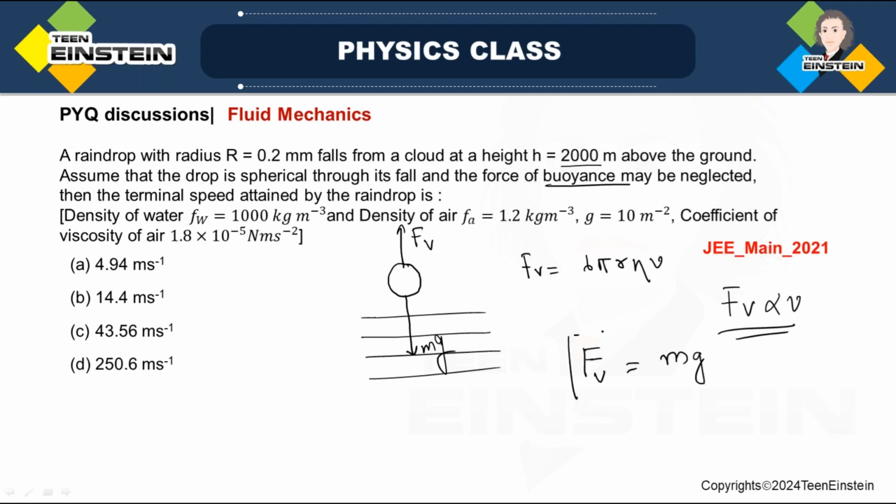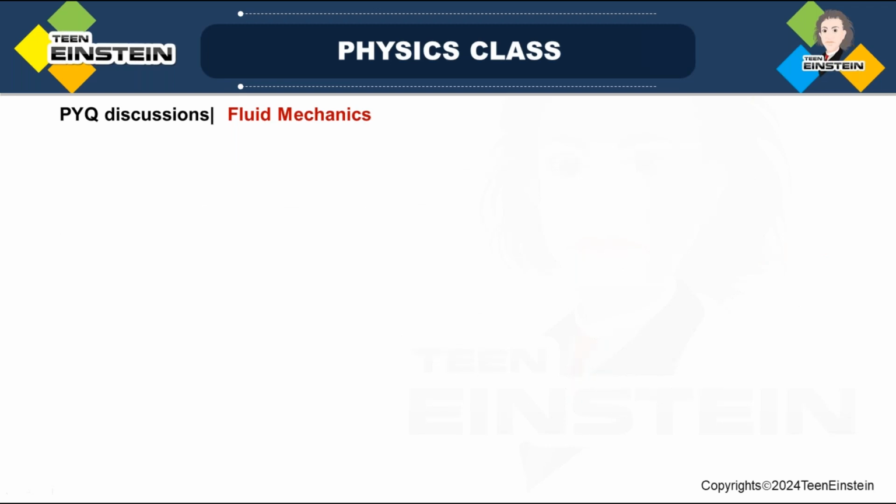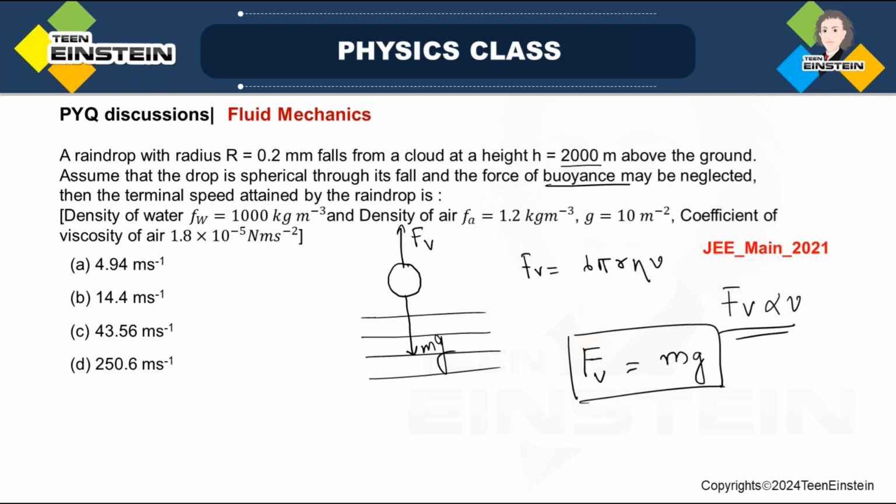So when this situation occurs, the speed attained by the raindrop is called the terminal velocity. So we'll be making use of Stokes' law and write this. Let me write it here itself so that I can use the information over here.